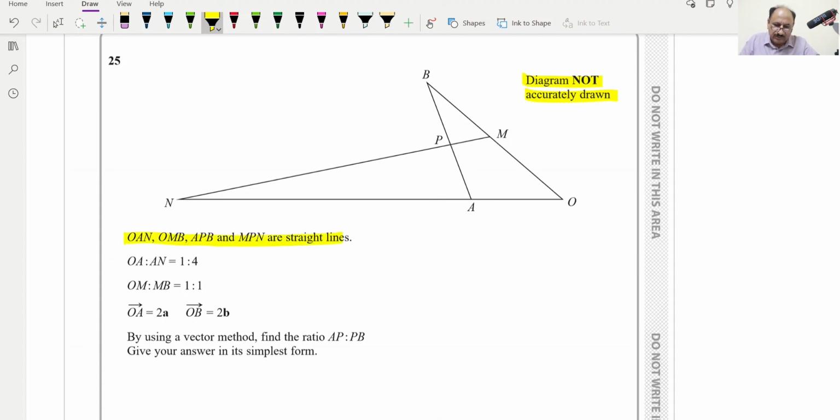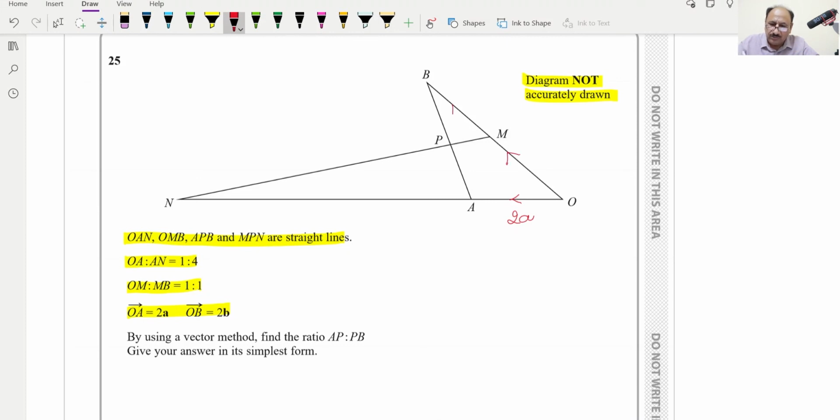So this is basically the straight lines they have provided. The ratio OA to AN is 1 to 4, and OM to MB is 1 to 1. OA is this direction and this is 2a. OB is this direction and this is 2b.